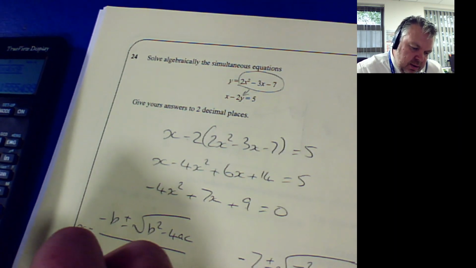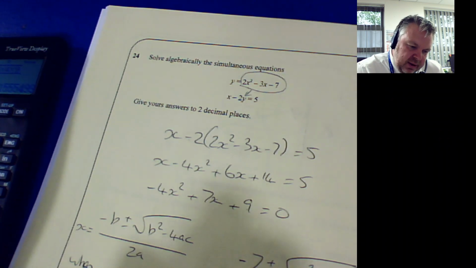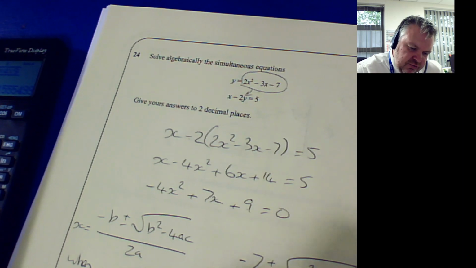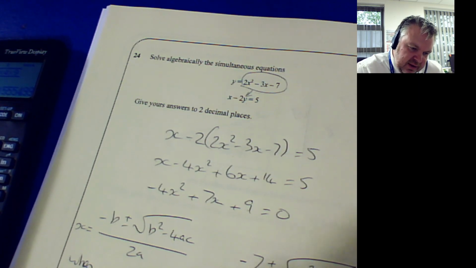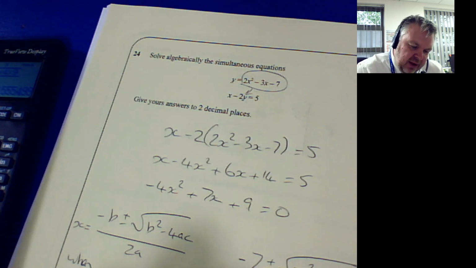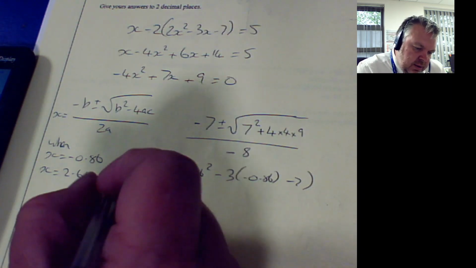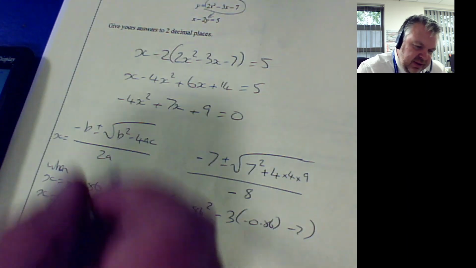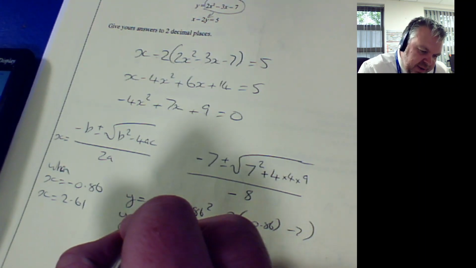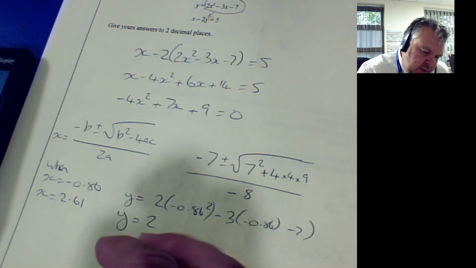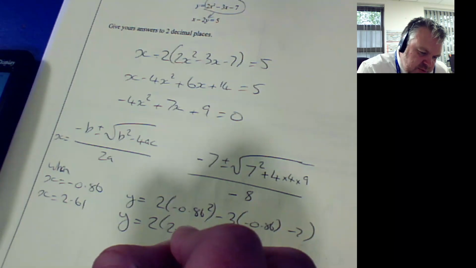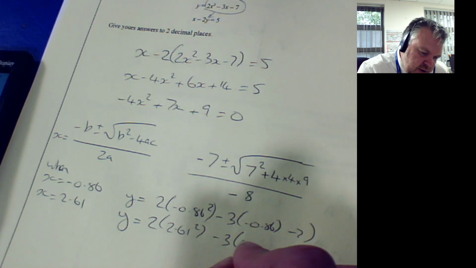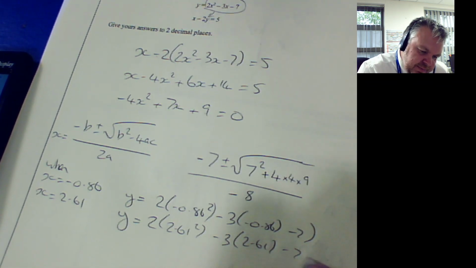So when x equals minus 0.86, y equals 2 lots of minus 0.86 squared minus 3 lots of minus 0.86 minus 7. For the second one, again I'm substituting my x value into one of my equations. I've picked the first one because I feel it's going to be a little bit easier: 2 lots of 2.61 squared minus 3 lots of 2.61 minus 7.